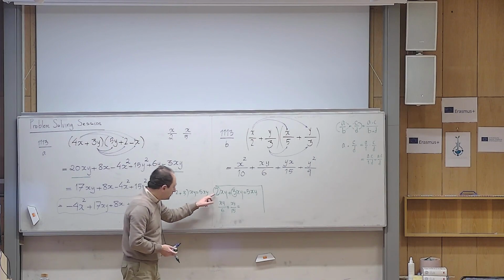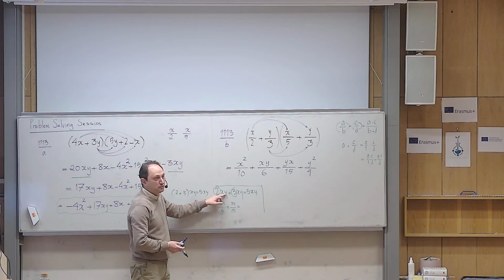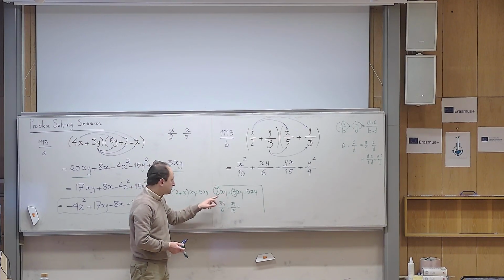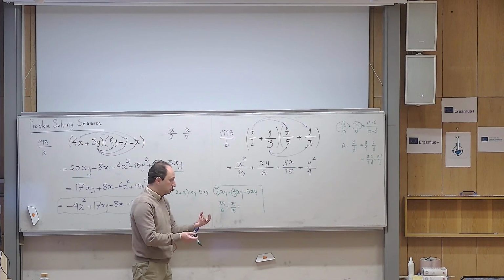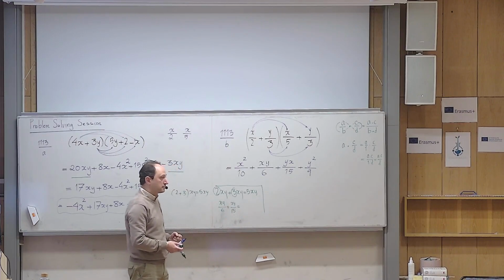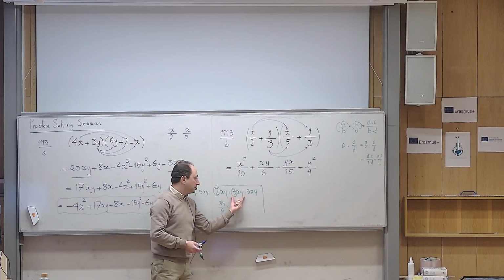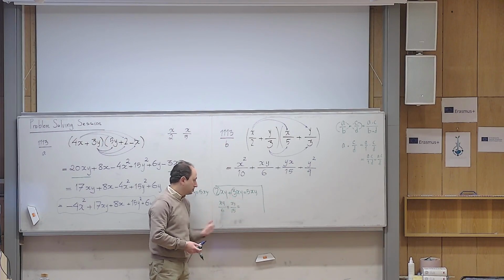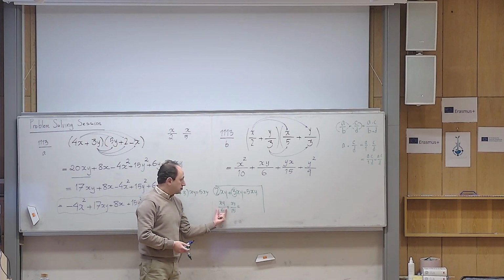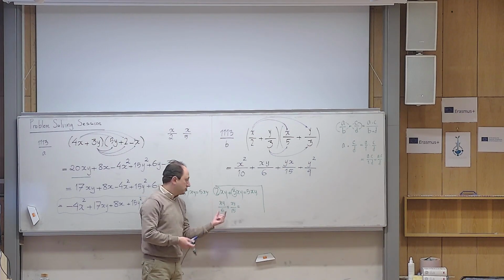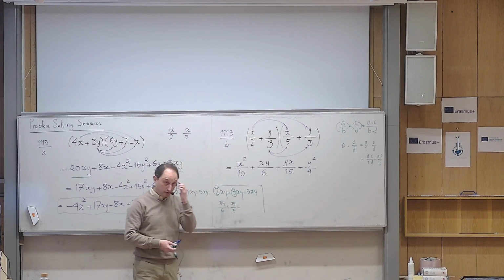The coefficient is the number that is multiplied to the letters. If I ask you what the coefficient is here, you will tell me 2, because 2 is the number multiplied by the letter part. Here you will tell me 3, because 3 is the number multiplied by the letter part. My question is, what is the coefficient here? In other words, what is the number being multiplied by the letter part?